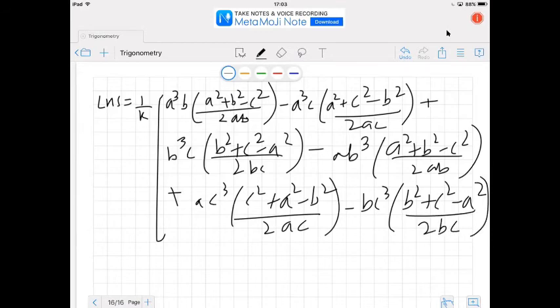Okay, so as you see, I have substituted the value of cos a, cos b and cos c according to the cosine rule.